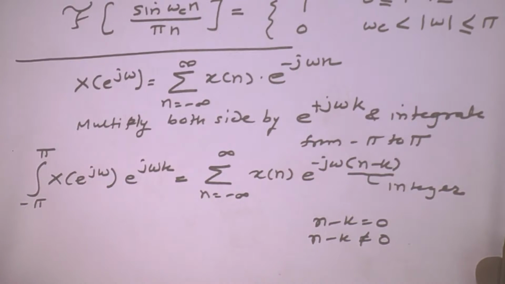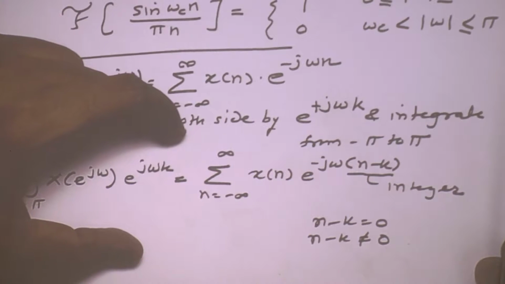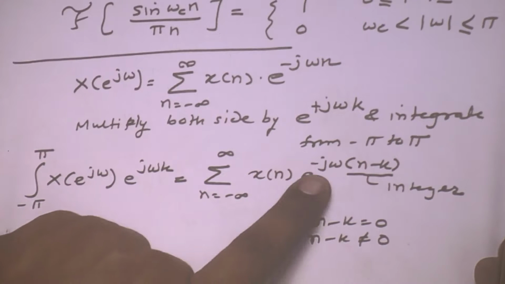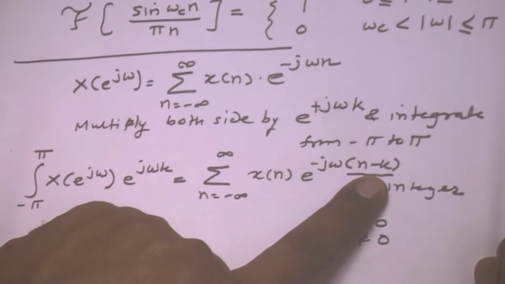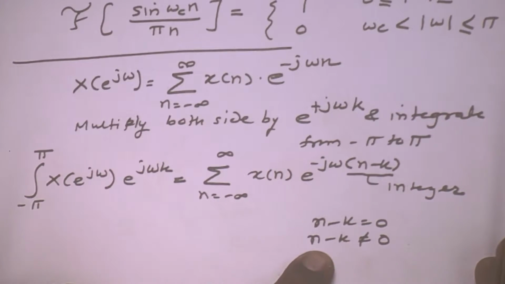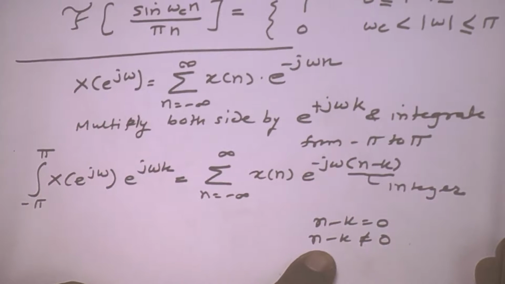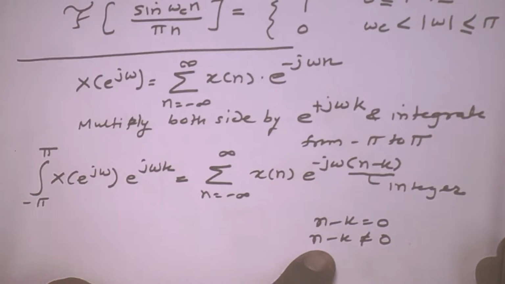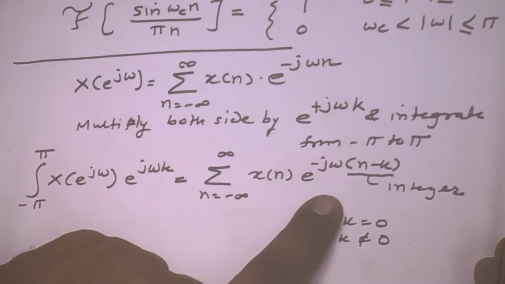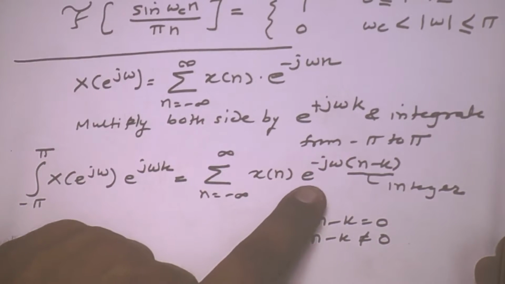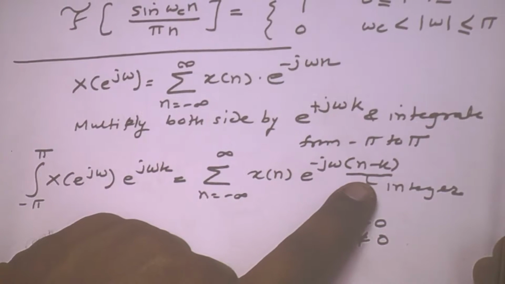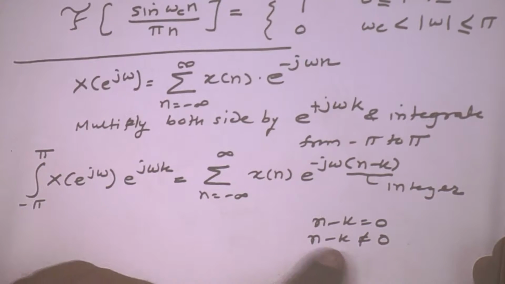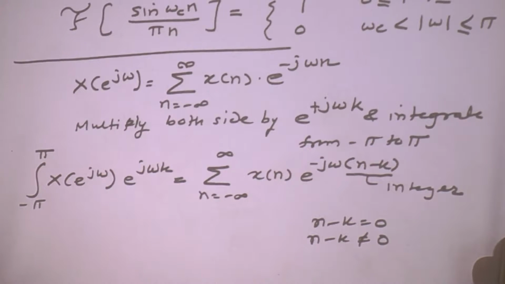I am taking this proof only because I want you to understand the function, the summation of e to the power minus j omega n minus k, for these two values of n minus k. Can you find out this? I want you to find out the summation of xn multiplied by e to the power minus j omega n minus k for n minus k equal to 0 and for n minus k not equal to 0.